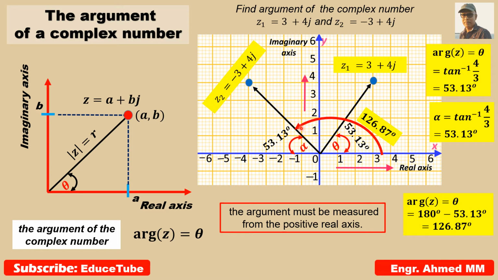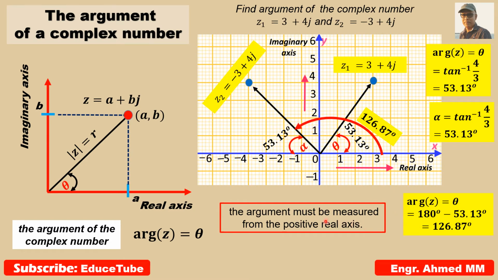So for this z2, our argument will be 126.87. How does it come? Because we got alpha equal to 53.13, we have to subtract it from 180 degrees: 180 minus 53.13, so we get this.